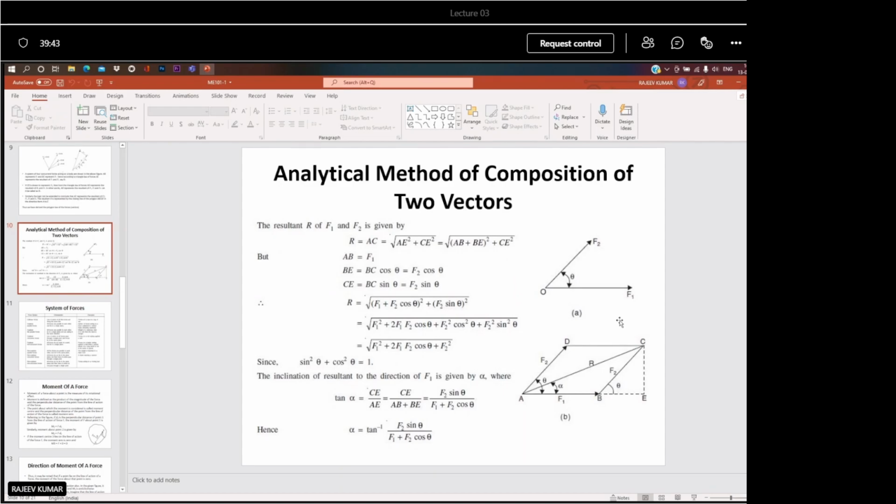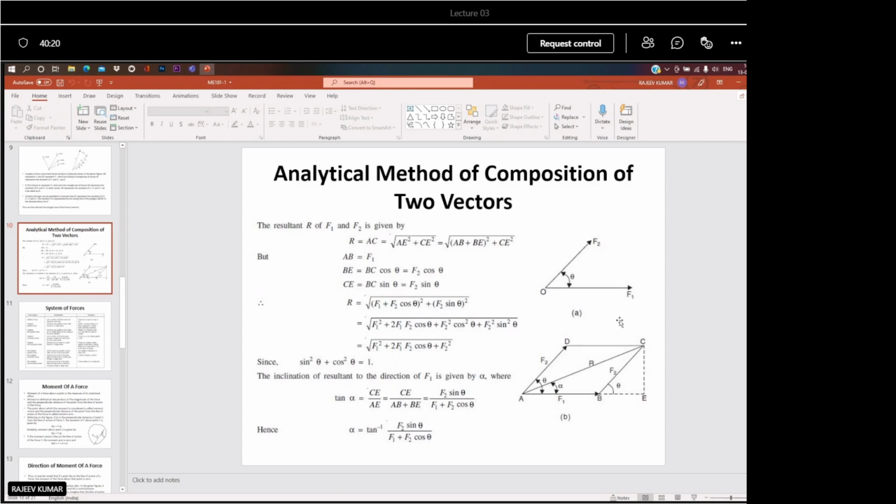So F1 into the perpendicular distance, which passes through the point, and that perpendicular distance will be perpendicular to the force F1 and also should pass through the point of rotation. In the same way, F2 and the perpendicular distance from F2, and in the same way the perpendicular distance from R. So F1 D1 plus F2 D2 is equal to R into D3.